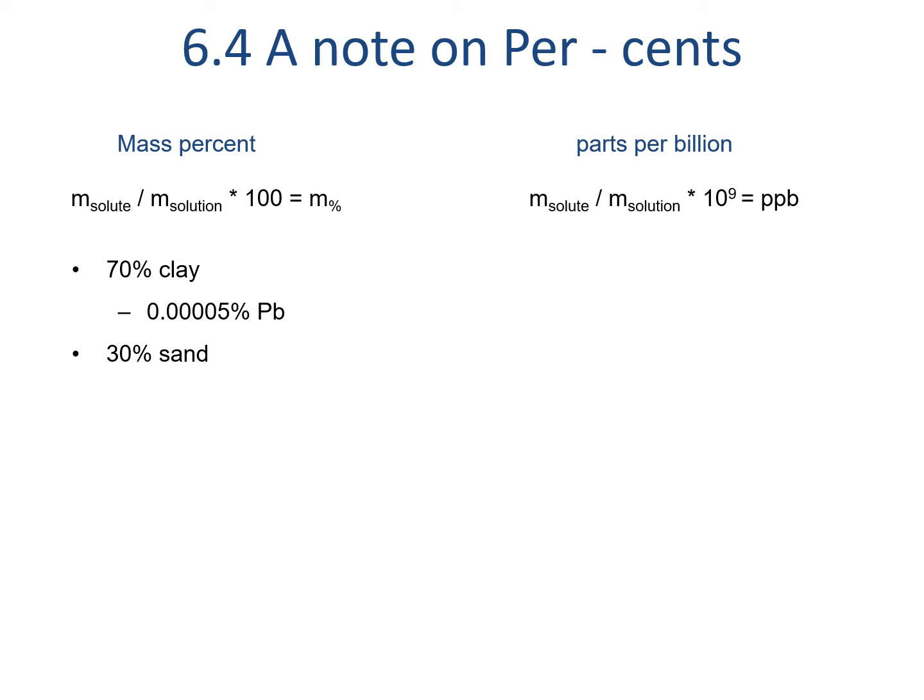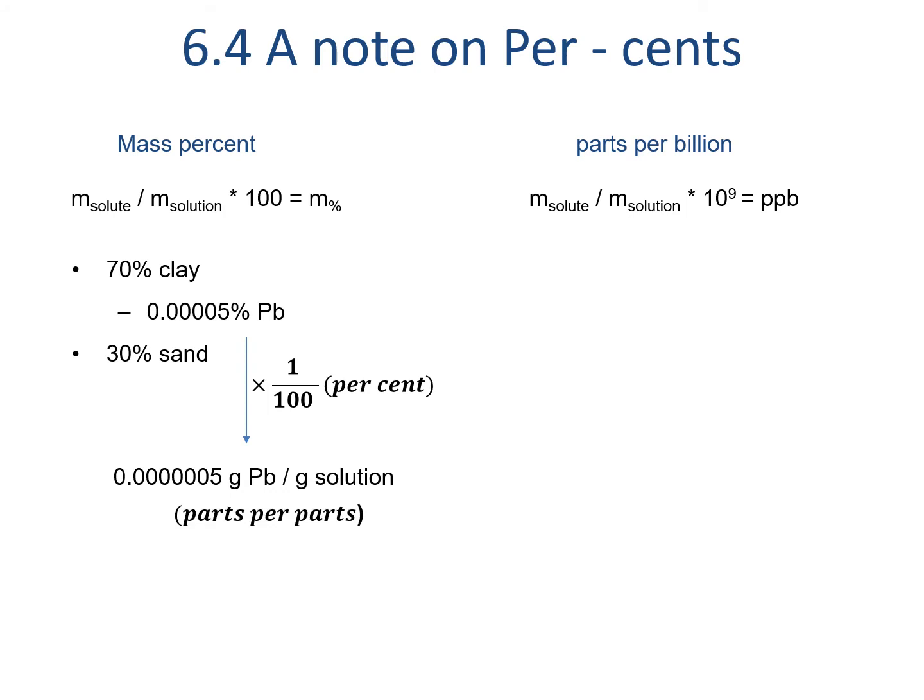A percent is easy to convert to another unit as long as you think of it as simply defining the solution space, how much solution we actually have. So 1% is saying that the mass of the solution is 100 grams, and the mass of the solute is just 1. If you divide a percent by 100%, or by 100, you go back to the decimal basis of the number, essentially just parts per part.